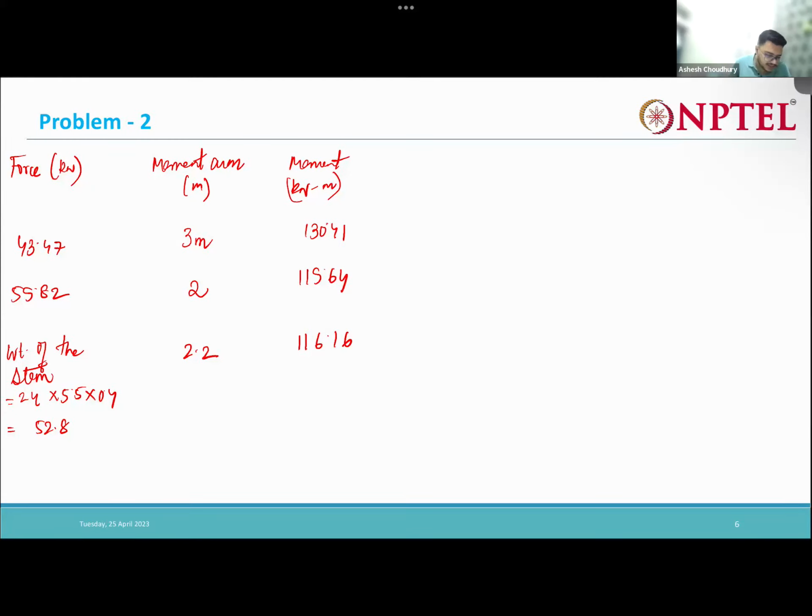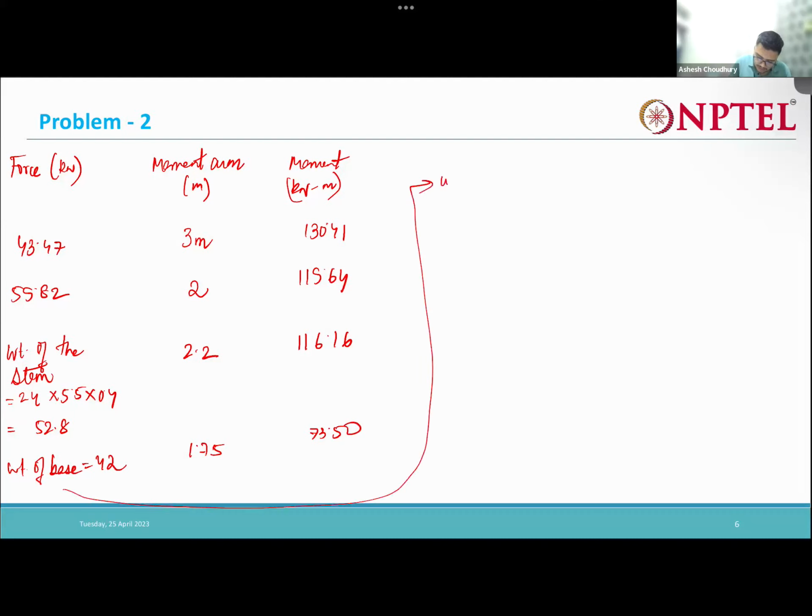So weight of, similarly the weight of base. Okay, weight of base is 42. This will be 1.75. This will be 73.5. So I will just continue here.